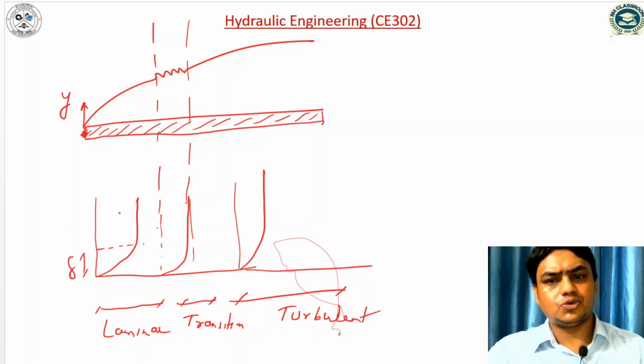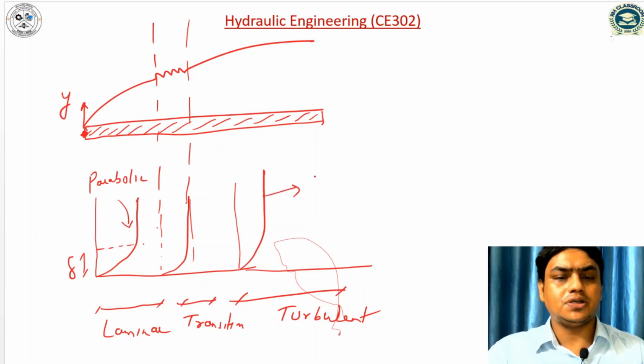So the distribution of velocity in the laminar region is parabolic, and in the turbulent region it is logarithmic.